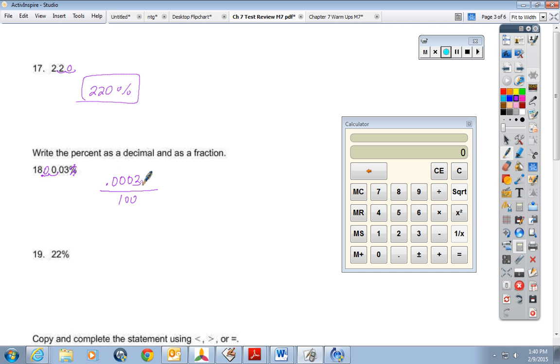We have to multiply it times 10,000, right? So when we do that, we would get 3 over 1, 2, 3, 4, 5, 6. We have to do 3 over a million.